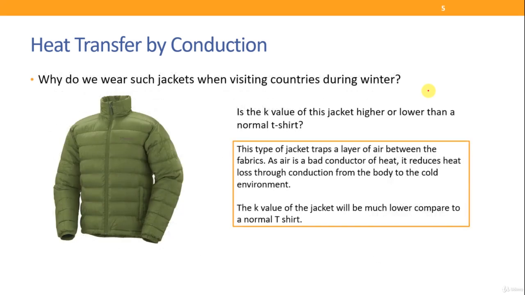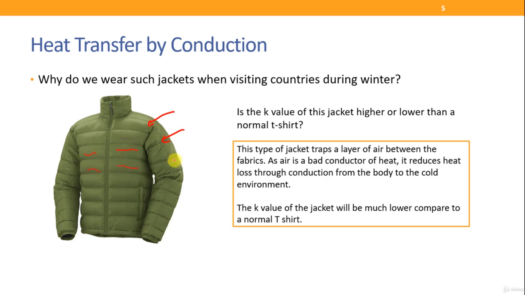In cold countries, usually you'll see people wearing this type of jacket. So why is this jacket so commonly used? It is because this type of fabric is able to trap a layer of air within it. So all these are air pockets that make the jacket look very fluffy.